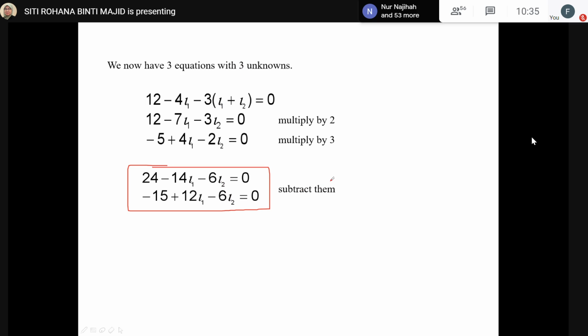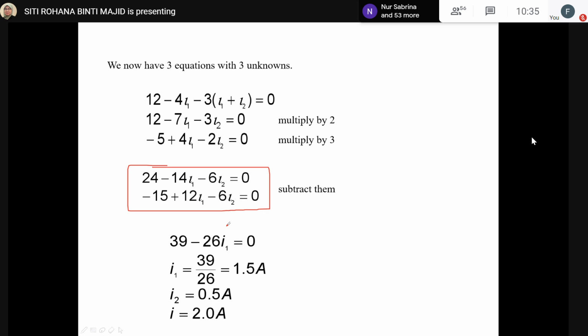You subtract them, then you will have this value, which is 39 minus 26 I1. From here, you can calculate I1, and then you can also get I2 after you substitute the value of I1 into one of these equations. Finally, you can calculate I because I equals I1 plus I2.